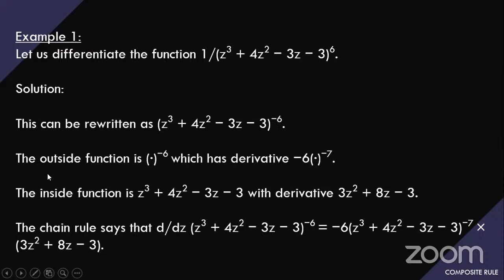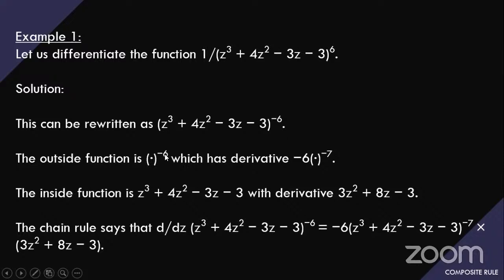Then what is the outside function? The outside function, as I illustrated, is this bracket raised to the power of minus 6. I'm not treating the inside, this is the inside function, so I will present this inside function as a dot.